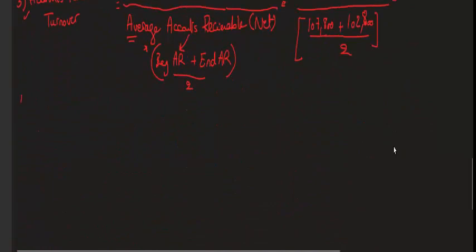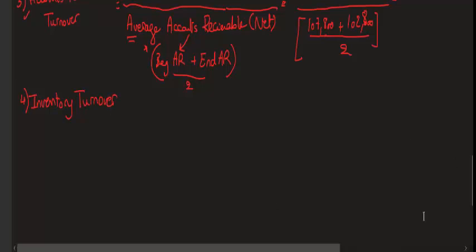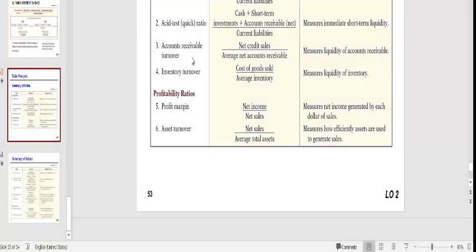Number 4, inventory turnover. Let's see the equation for it. It is calculated by dividing cost of goods sold by average inventory.